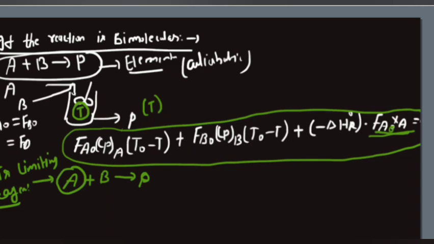Now understand one thing. Here I have assumed FA naught is equal to FB naught, so you can write it as F naught.